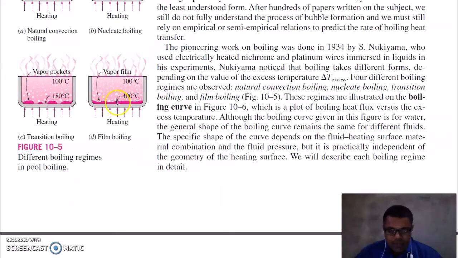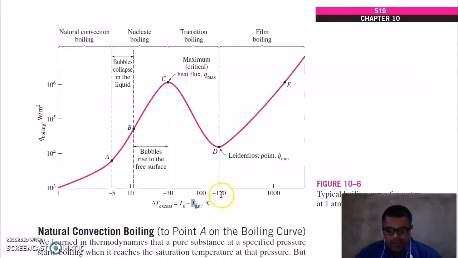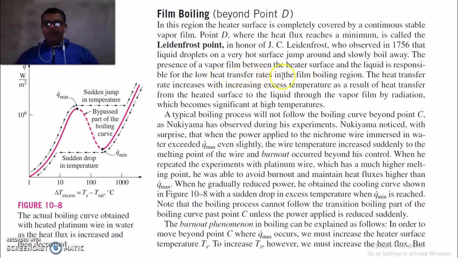You can say your surface is completely covered with the vapor region. This is called the vapor film, and this will occur when your temperature excess is beyond 120 degrees Celsius. In the case of water at 1 atmosphere pressure, the presence of the vapor film between the heater surface and the liquid is responsible for the low heat transfer rates.